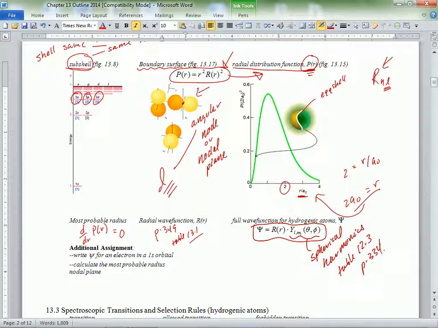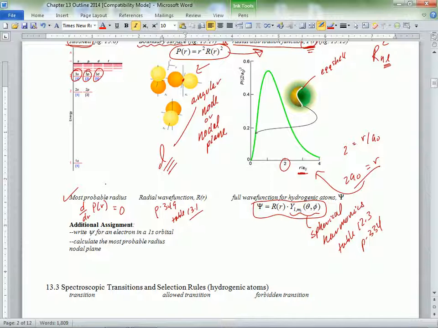Okay, we're almost done here. So to find the most probable radius, we've got that one. But what about finding radial extrema, minimum and maximum?